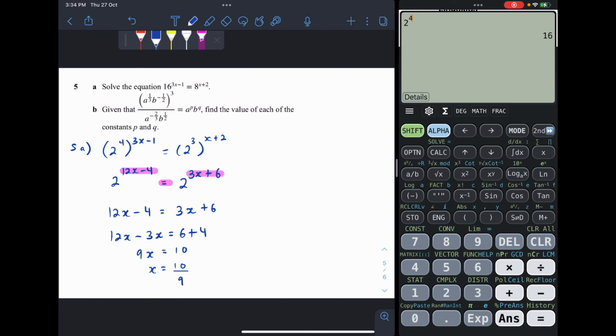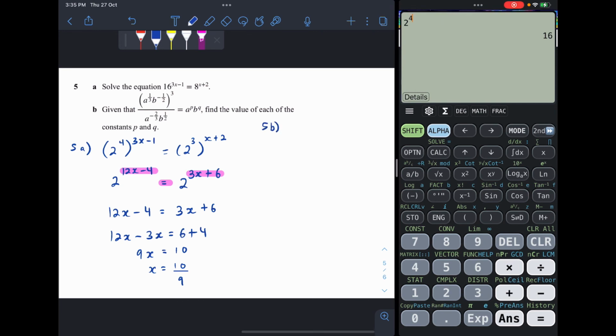Just checking if I made any careless mistakes. Don't think so. So your answer is x equals 10 over 9. So that's the first one all done. Moving on to the next question, question 5b.